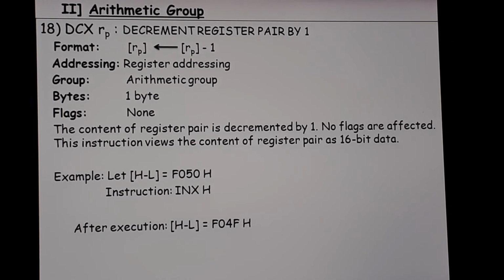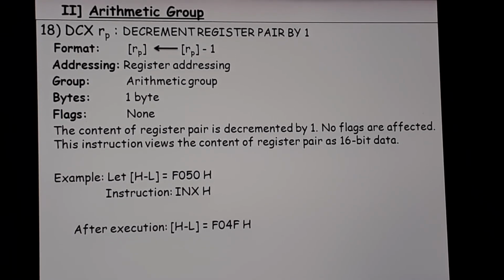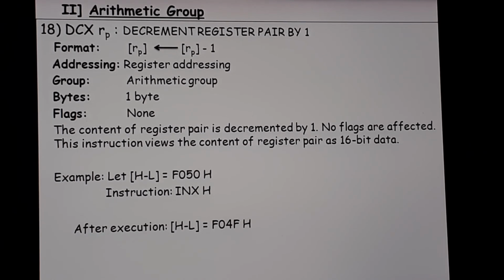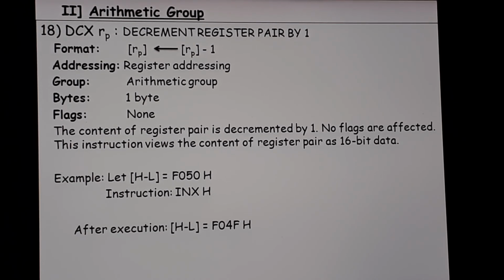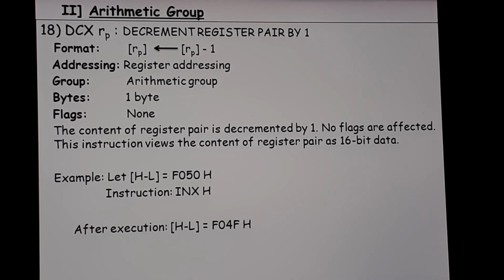So F050 is the content of the HL register pair before execution. After executing this instruction, that is DCX H, you will write DCX instead of INX. The content of HL will be F04F. It got decremented by 1, so before 5 comes 4, F will be the same, and before 0 comes F.